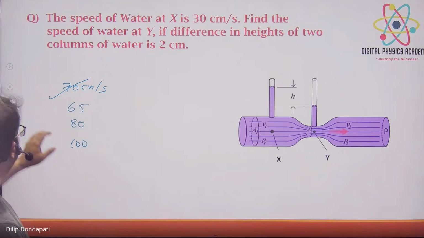Yeah, so you'll get V square is equal to... Oh wait, I made a conversion mistake. Yes, sir, 70. Yeah. Next one.